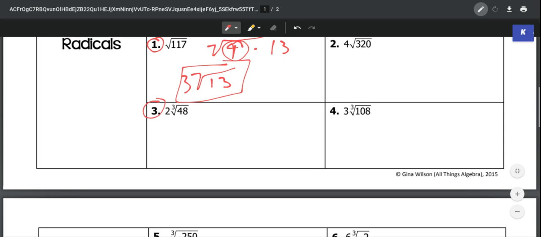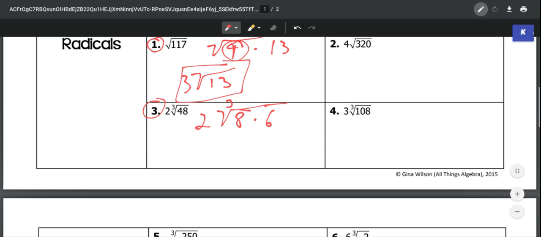So let's look at 3. We've got 2 times the cube root of 48. So we can't take the cube root of 48, but we can break 48 down to where we can take out a cube root, which we would break down into 8 and 6. So you're just going to really need to get familiar with your perfect cubes.